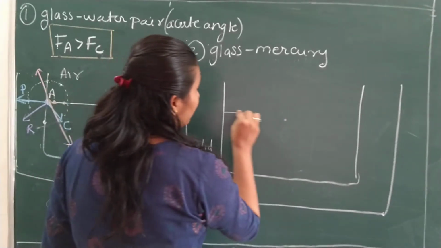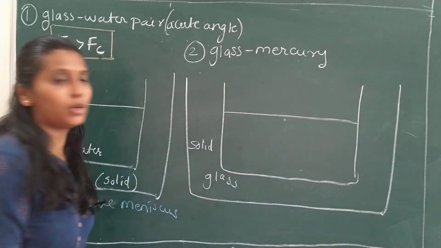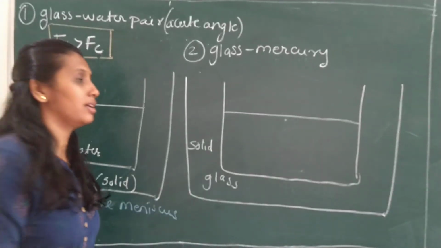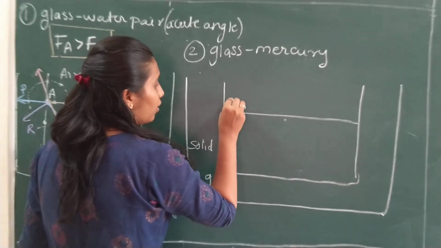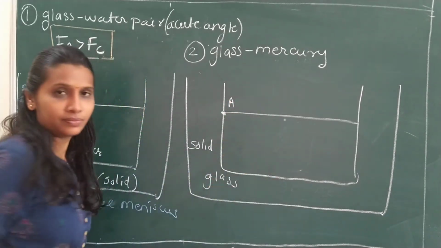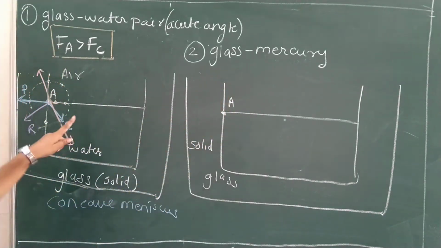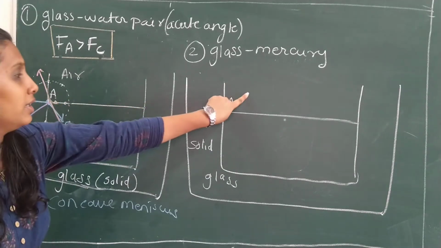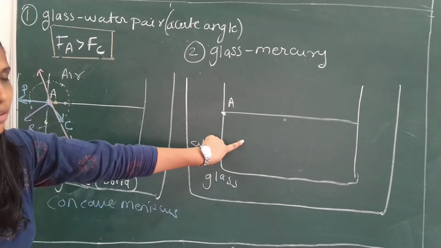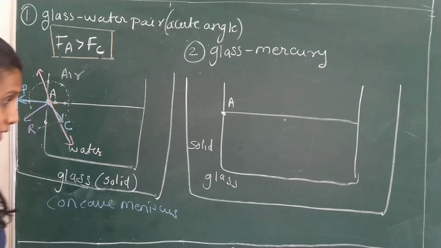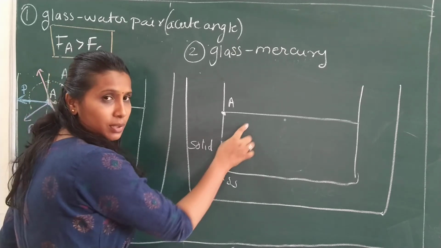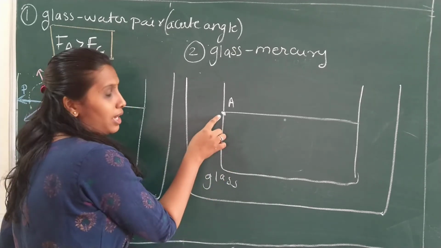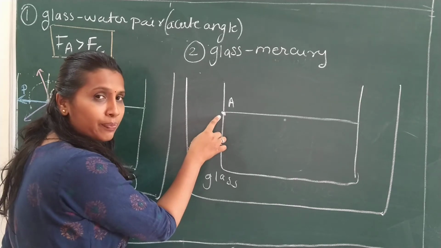Now in the case of mercury, say this is my mercury, I am not drawing the shape of the meniscus directly here. If you take a corner molecule here, that corner molecule is named A. Again it will be surrounded by some air, some glass and some mercury. In this region all the mercury molecules will be there, and this molecule A is itself mercury.